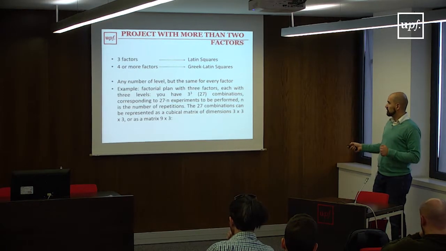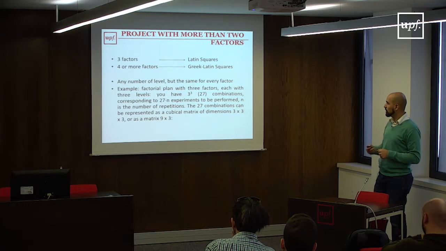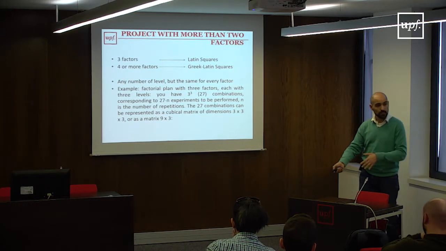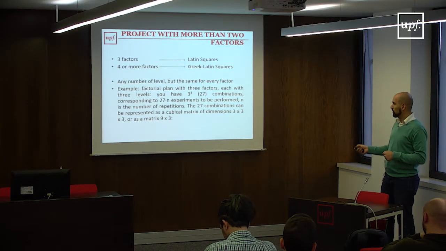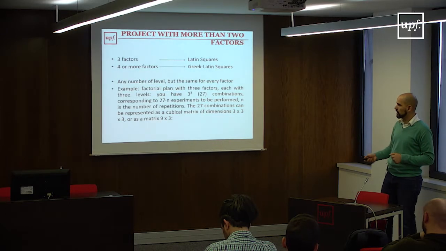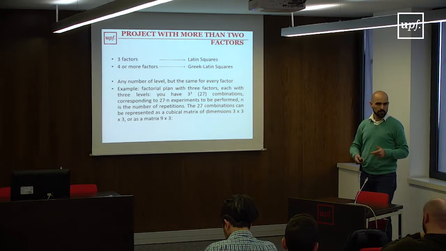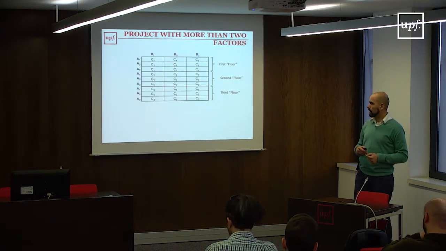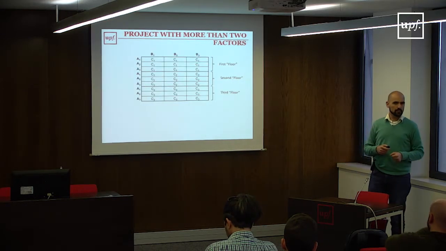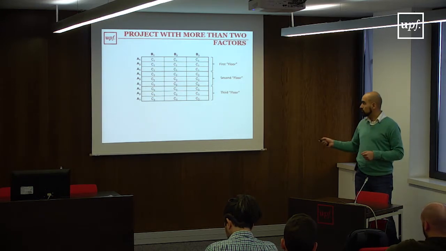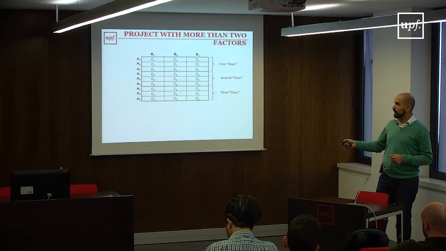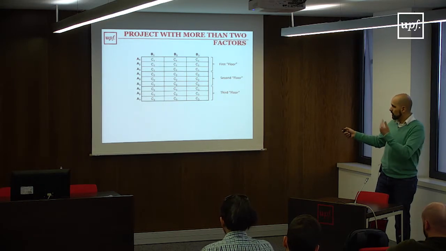So as we said, if we have 3 factors, 3 levels each, we have 27 combinations. We can write these 27 combinations in a 3-dimensional matrix 3 by 3 by 3, or just one matrix 9 by 3. We can write all the combinations that we have in this way. Combination level 1 of factor A, level 1 of factor B, level 1 of factor C, and so on.